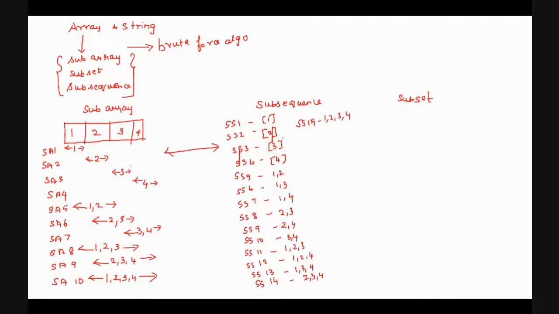Now, what is then a subset? The only difference between your subsequence and subset is that you do not need to maintain the consecutive order. That is the only difference with your subset.